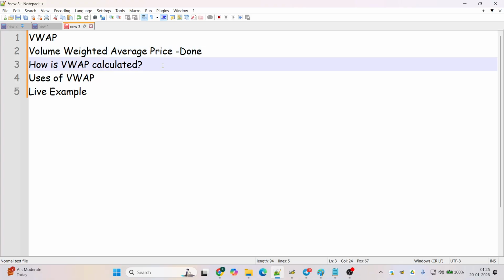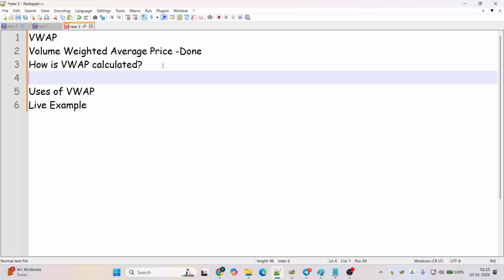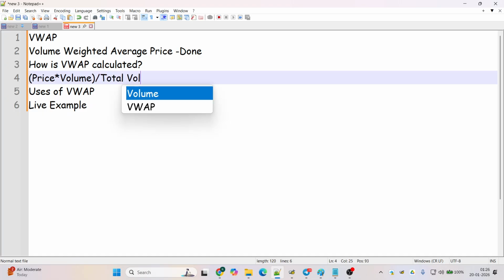Now, what is VWAP and how is it calculated? It's very simple. VWAP takes the closing price of a stock and multiplies it by the volume, and this is divided by the total volume traded in the markets for that particular stock or share.